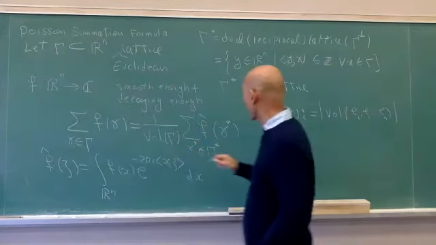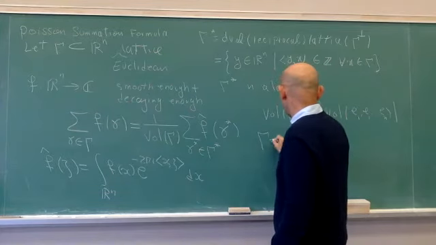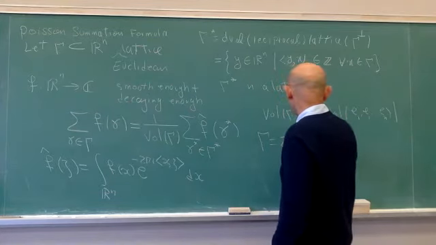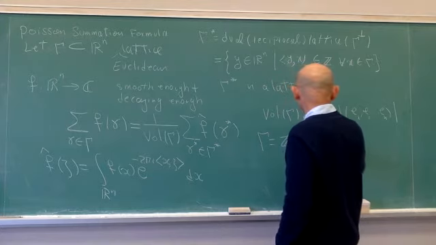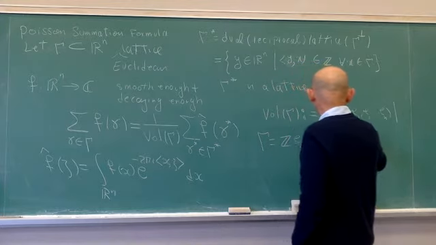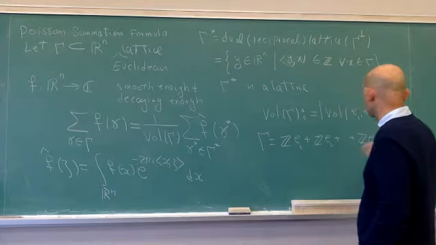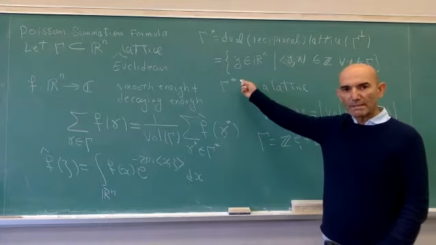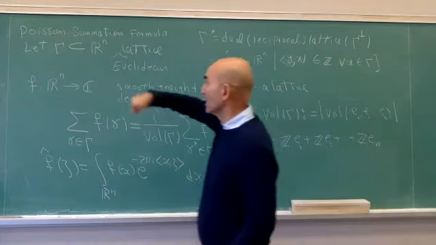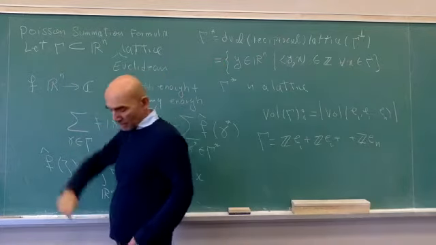So you can write gamma as ZE1 plus ZE2 plus ... plus ZEn. That's the definition of a basis, or you can say this is also the definition of your lattice.